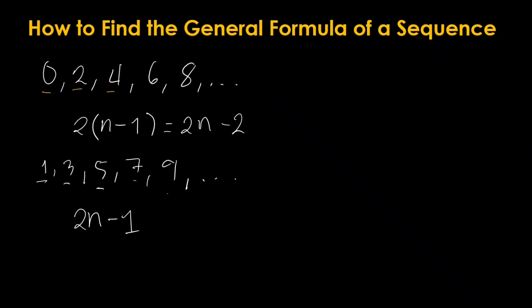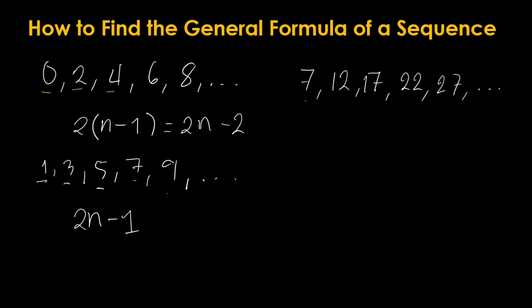Say for example, it starts from 7. Then say you add 5 for the next term, you get 12. Then 12 plus 5, you get 17. Plus 5, you get 22. Plus 5, you get 27. So on and so forth.